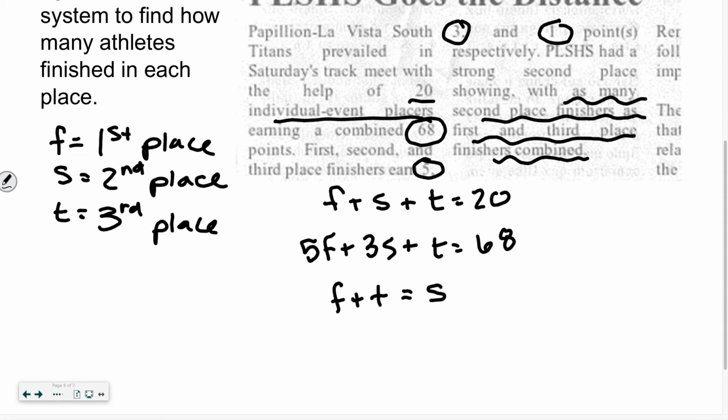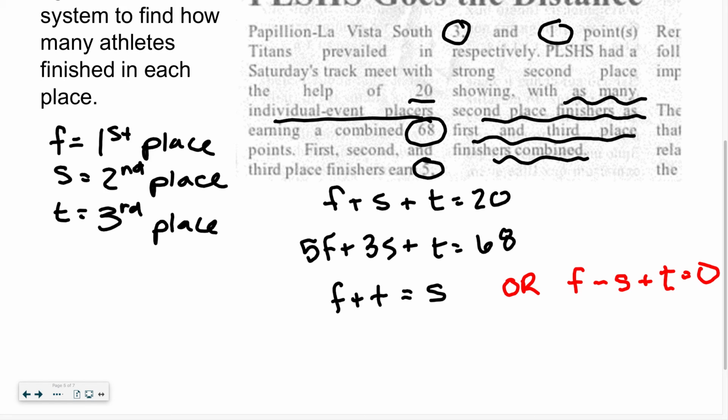Now, as I walked around, I saw some people change this for their solving strategy. If you want to solve it like we've solved all of our three variables up to this point with elimination, you could subtract the S to the other side, or you could subtract F and T, and one side is equal to 0, so that could be your third equation, and then you can eliminate a variable.